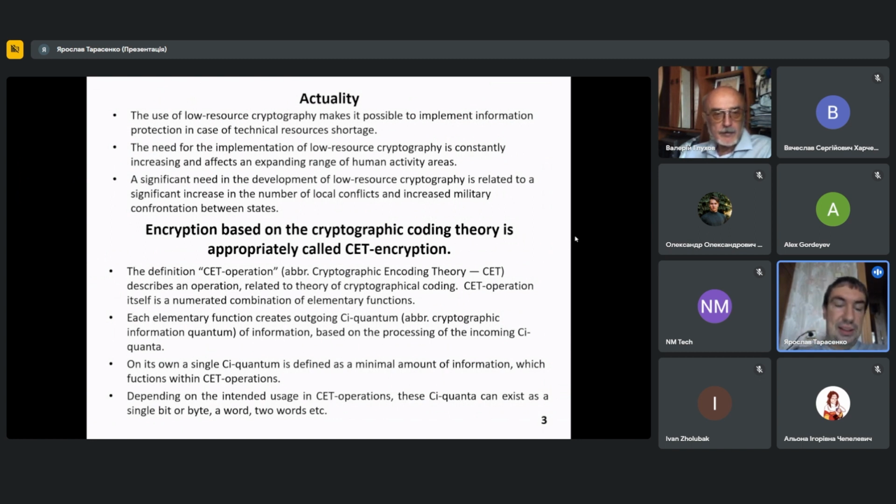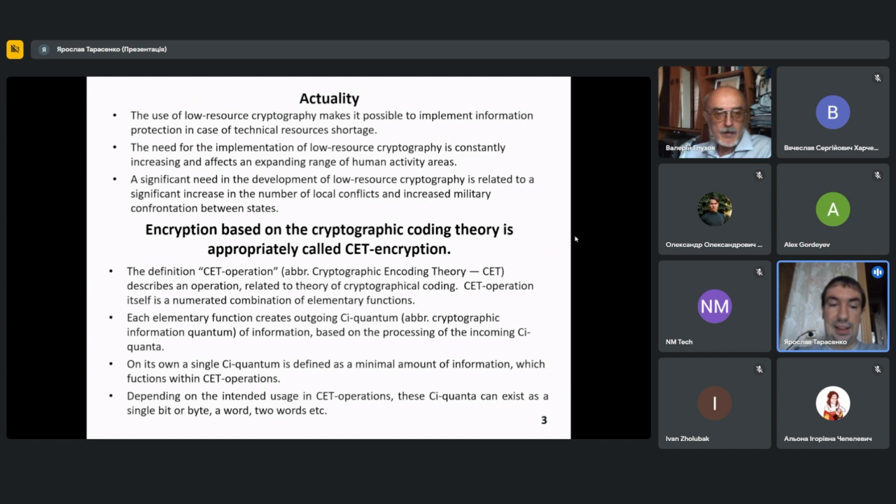So the definition of such operation describes an operation related to the theory of cryptographical encoding. Set operation itself is an enumerated combination of elementary functions, and each elementary function creates an outcome and sequantum of information based on the processing of the incoming sequanta.